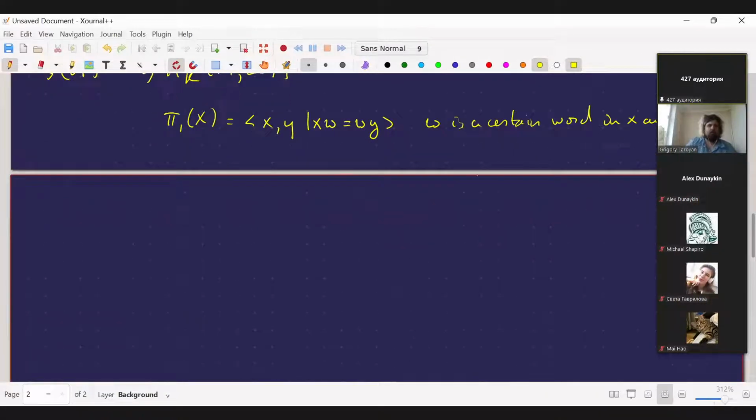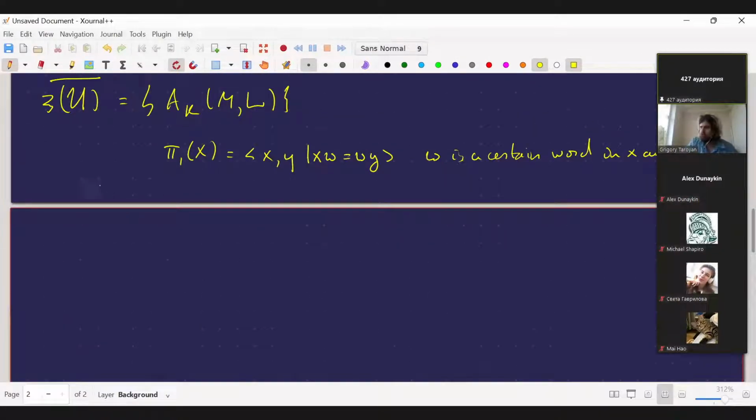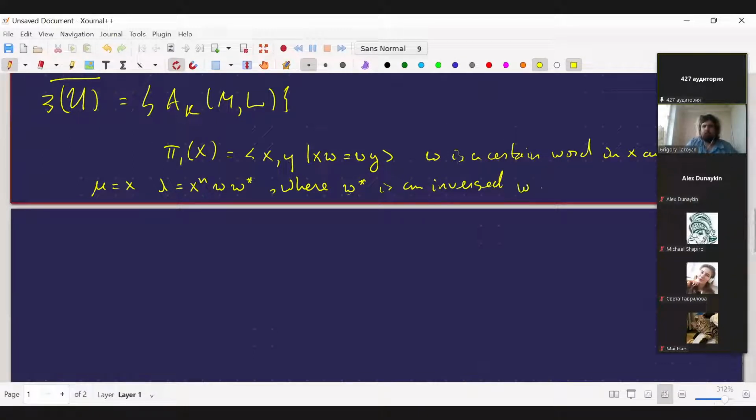And now we can put, by definition, that mu is equal to X and lambda is equal to X to the n, W star, where W star is the inverse word.